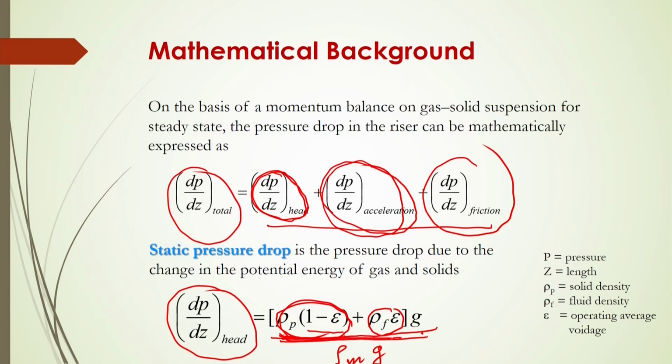So, this is the mixture volume times density, that is, the effective mass per unit volume, or the mixture density inside the bed. The mixture density times Z will be your head pressure. Here P is pressure, Z is length, rho p is the solid density, rho f is the fluid density, and epsilon is the operating average void inside the bed.